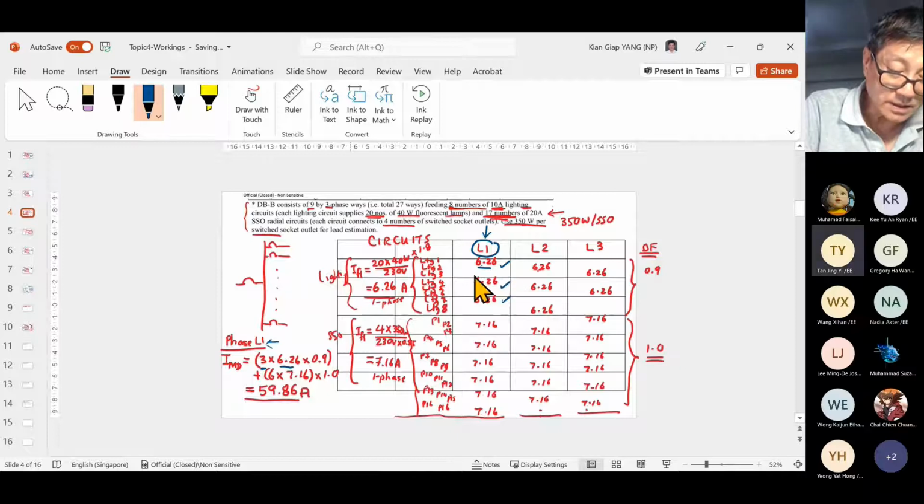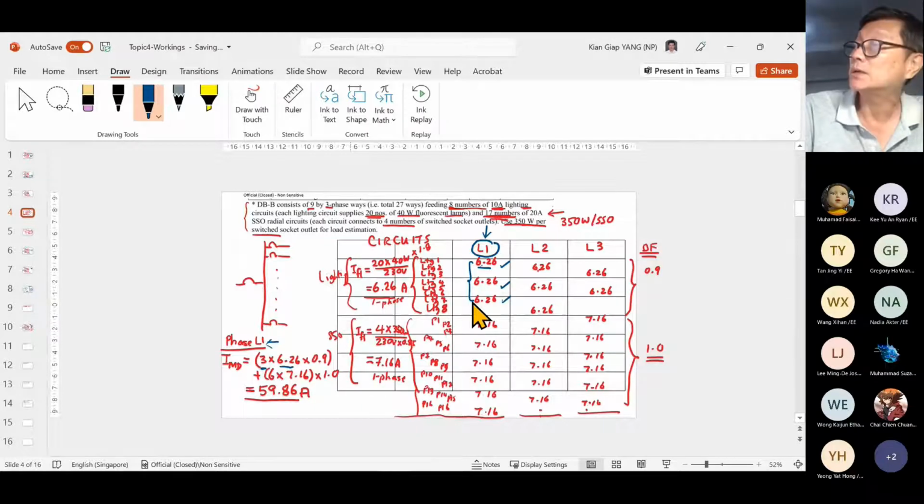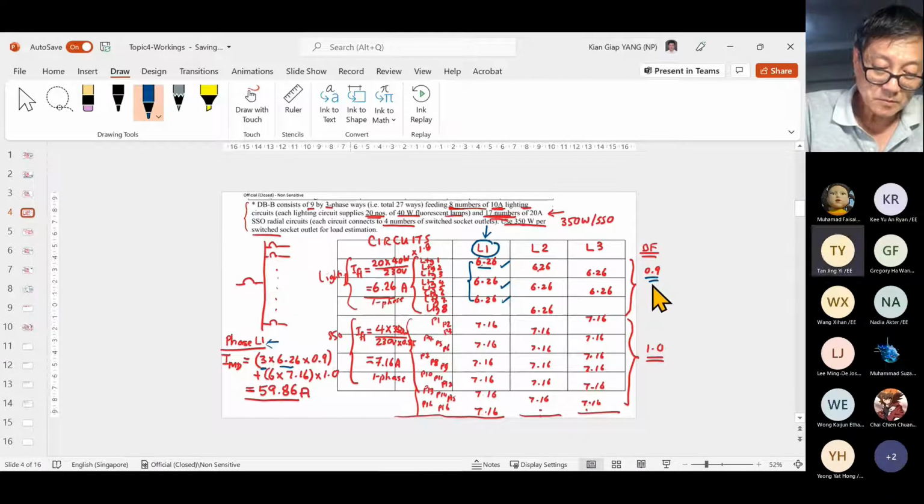So it's this one plus this plus this, 6.26 plus 6.26 plus 6.26. That's why it's 3 times 6.26. But then the diversity factor I use from here. Oh, I understand.